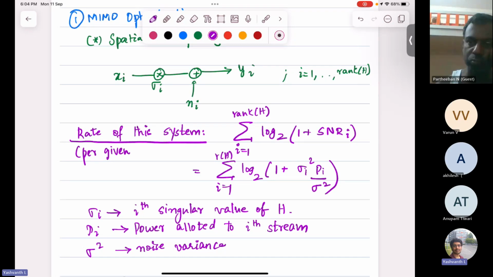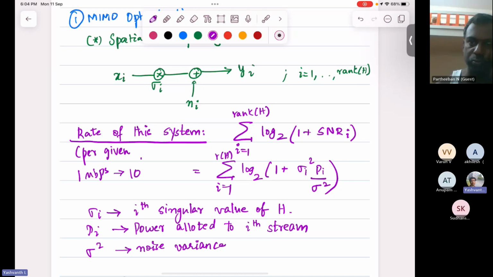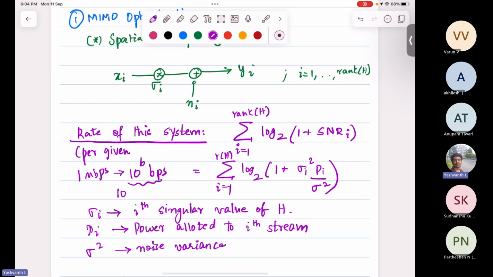If I say 1 Mbps, I'm essentially saying 10 power 6 bits per second, so mega is captured by the power 6. This is obtained as 10 power 6 into 1 bps. This 10 power 6 is really the bandwidth. Whenever you allot a particular bandwidth, it also multiplies the rate. As you keep increasing the bandwidth of communication, your rate will also keep scaling up.